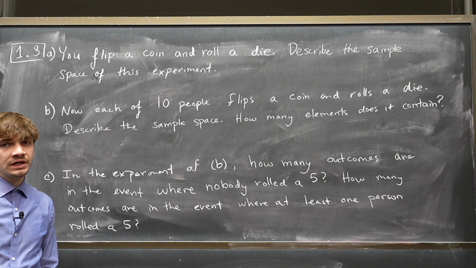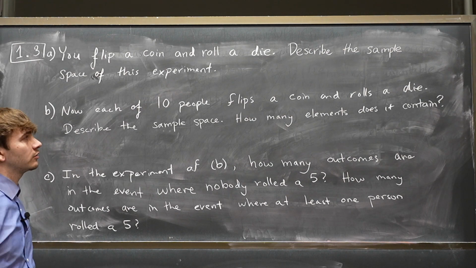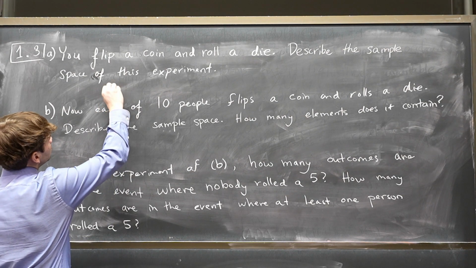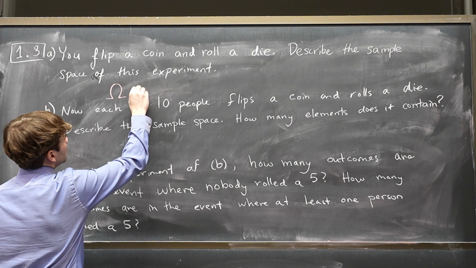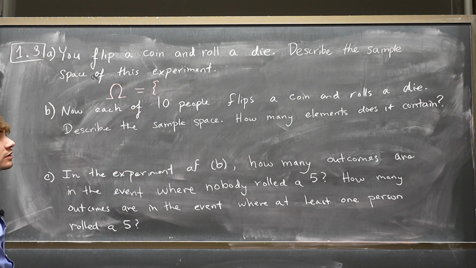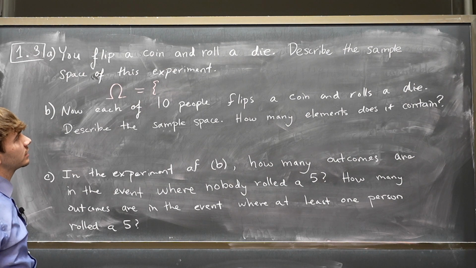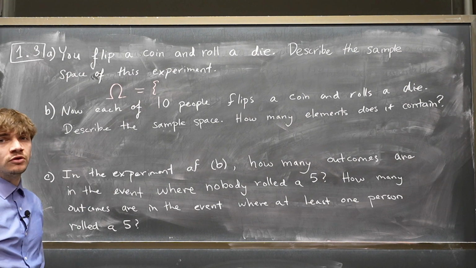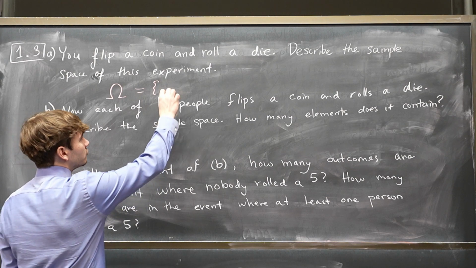Remember that the sample space is the set of possible outcomes. So somehow I need to encode the outcome of this experiment mathematically. So if I flip a coin and roll a die, then I have two results.